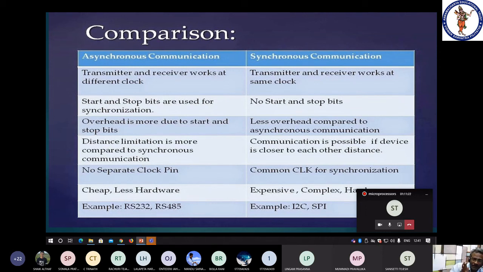That's why synchronous communication is used only for speed, to transfer the data as fast as possible. Wherever speed is more important than the data, we prefer synchronous communication. There is circuit complexity or hardware complexity.